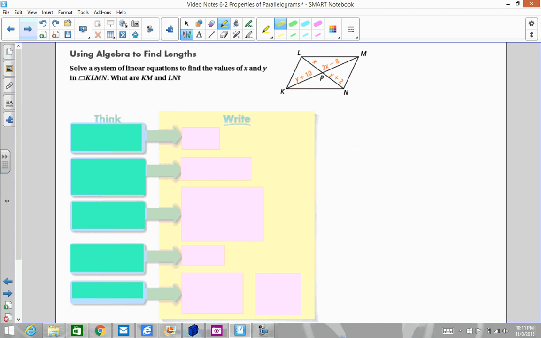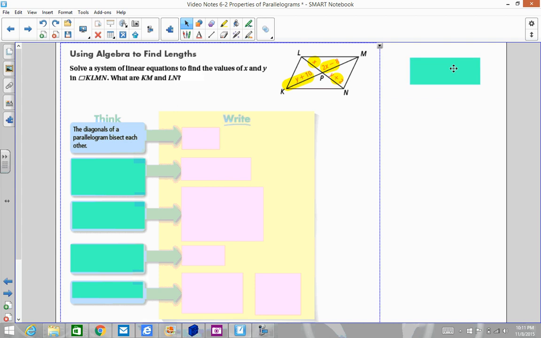So if we look at this basic parallelogram here, we look at this equation, we have this piece is congruent to this piece, and we have this piece is congruent to this piece. And so we're going to have two variables here. So when you're thinking about this, we're going to use a system of linear equations. The diagonals bisect each other, which means we have these two pieces congruent.